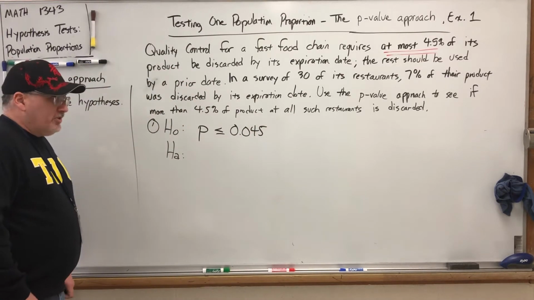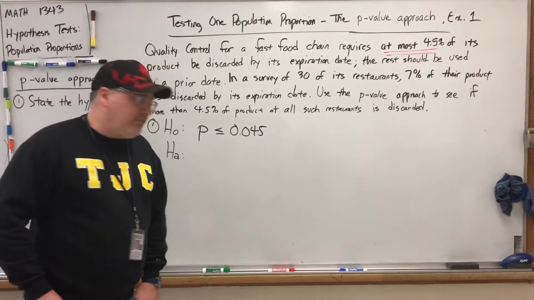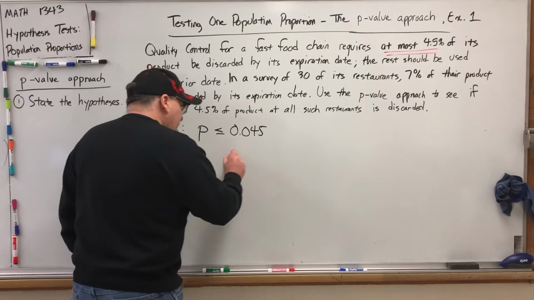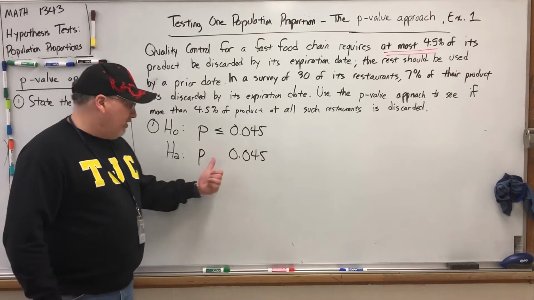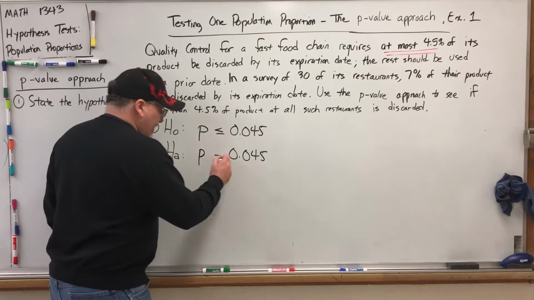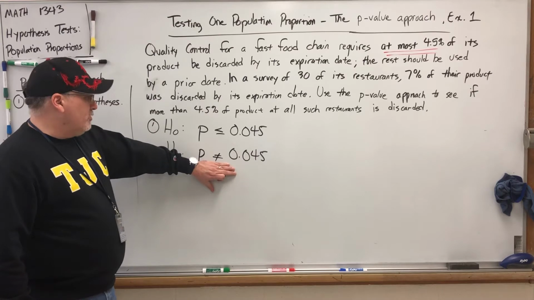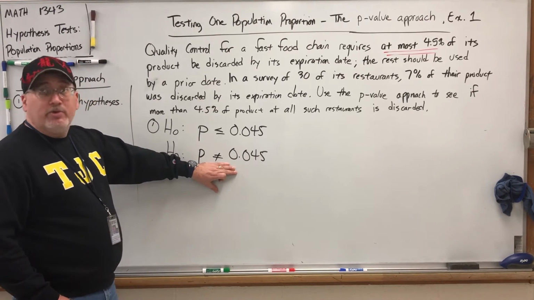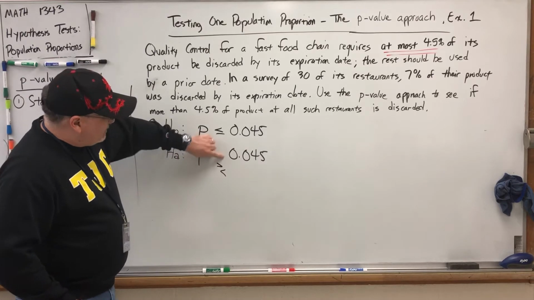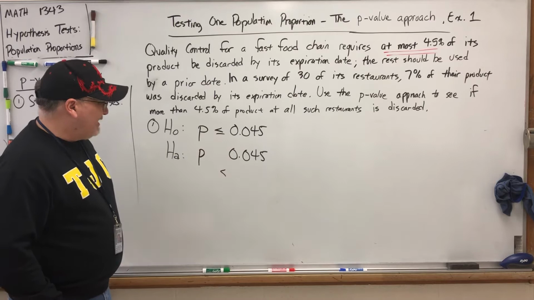So what is our alternative? Actually, we don't have a choice here. We wouldn't have to read the problem, because remember, the hypotheses can never be true simultaneously, and I only have 3 choices here. Not equal to, greater than, or less than. If it said not equal to, then the null and alternative could be true simultaneously for a value like 1%. If it said greater than, then they can't be true simultaneously, but if it said less than, they could be.